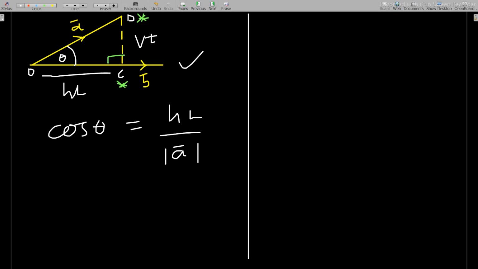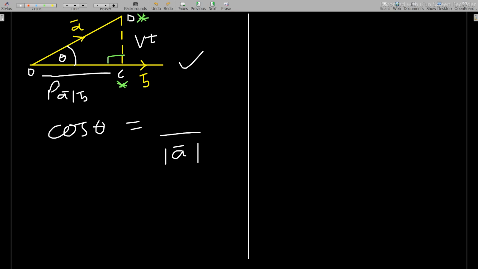So let's call this HL something else, something like projection of A onto B, because you are saying that that will be the component of A on B. So that is the length.